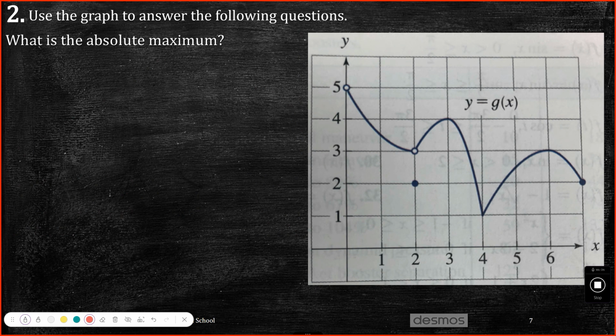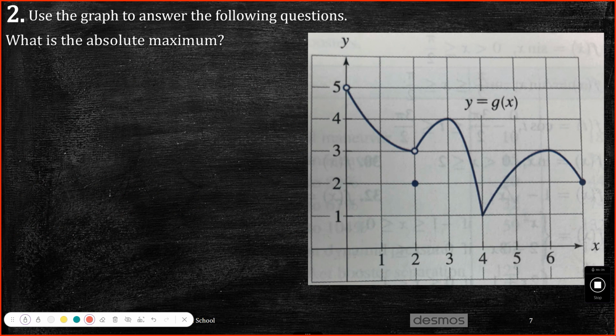What do you guys think is the absolute maximum? Is it 4? Would it be 4?